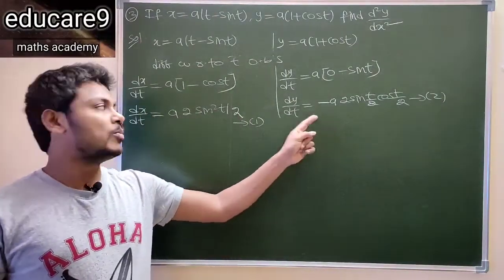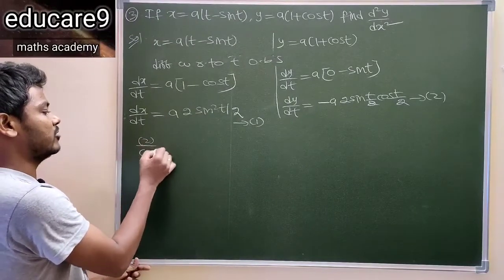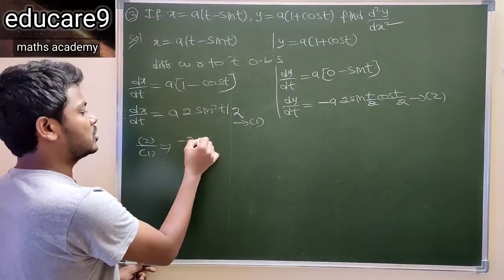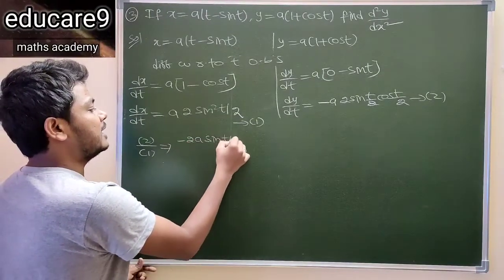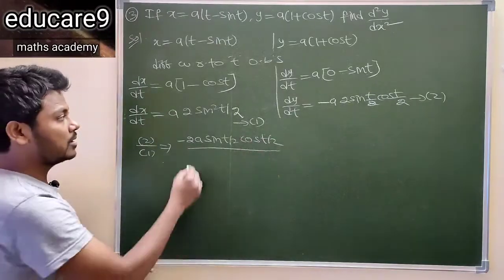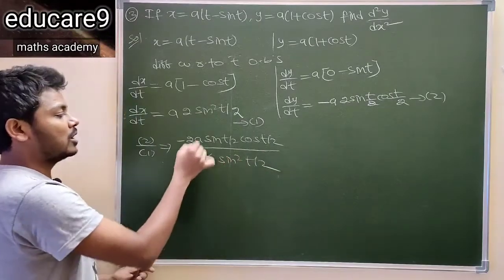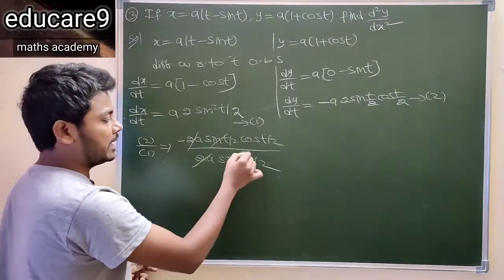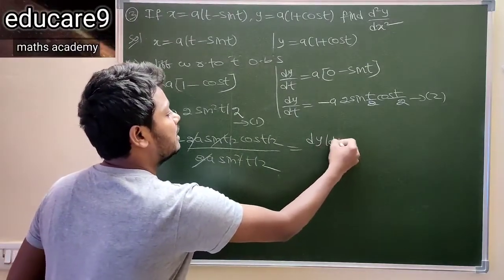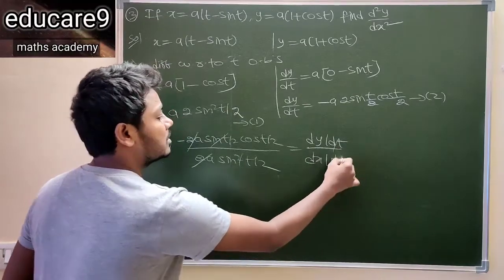Now equation 2 by equation 1. So what do you get? Equation 2 is minus 2a sin t by 2 cos t by 2 divided by 2a sin square t by 2. 2a and 2a get cancelled, and one sin t by 2 cancels. This is dy by dt divided by dx by dt.